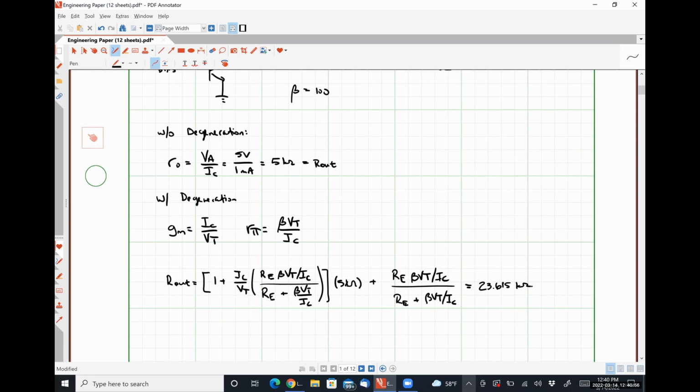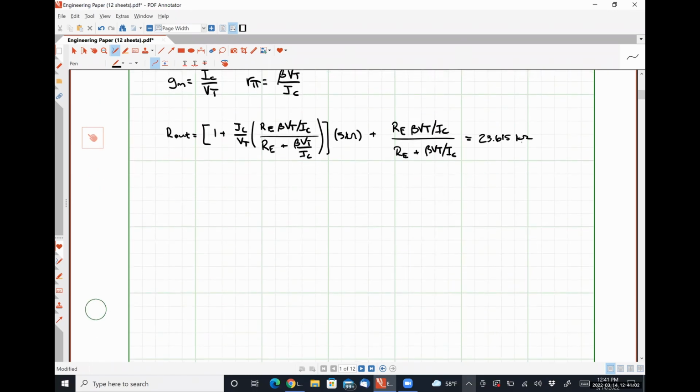So to reduce this trade-off in headroom versus output resistance, engineers have developed a technique called cascoding, in which an additional transistor is placed in the signal path. So what that might look like is this guy. So let's call this V bias 1.